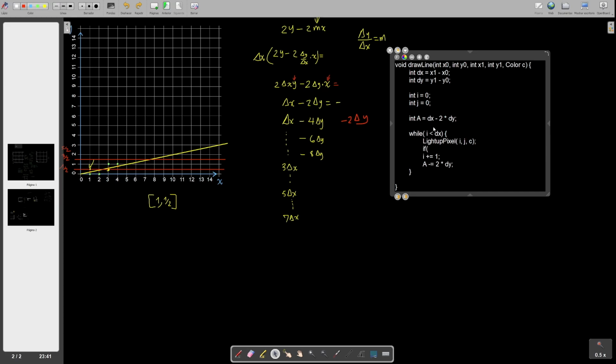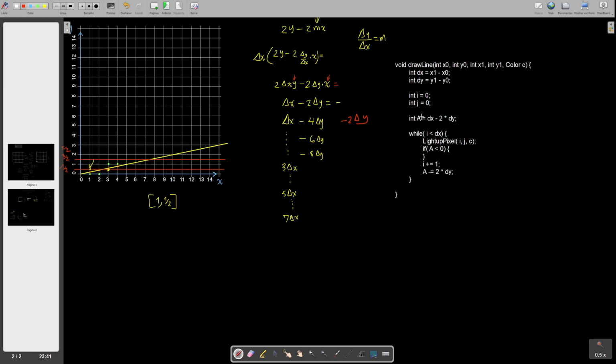If the current value of a is less than 0, I'm not saying anything else than that evaluating this point is below my line, which in this case is not, but for example this line it would be.